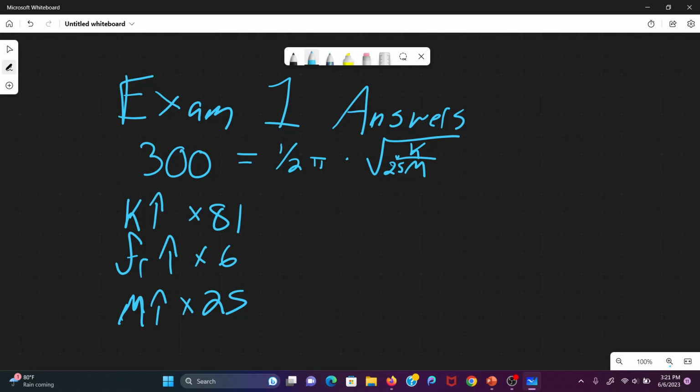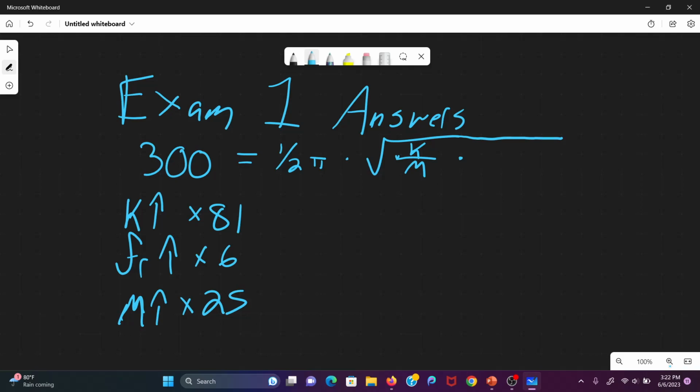Now remember, when 25 is on the bottom, a lot of errors that I saw was that you are multiplying by 5. So you knew that you needed to take the square root of 25, but you just multiplied 300 by 5. You can't do that because what's actually going on here is it's still on the bottom of this division.